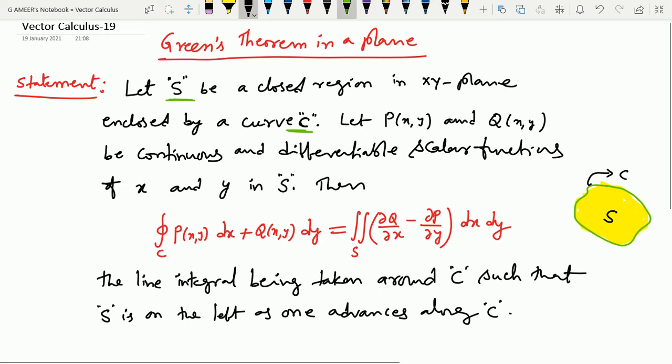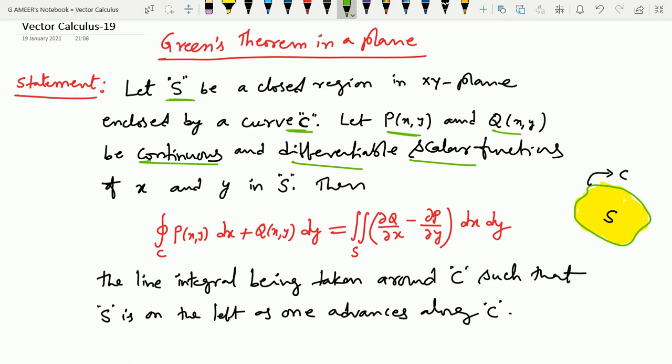As usual, P and Q will be two functions in the XY plane, continuous, and they are differentiable scalar functions obviously. Then along the curve, we are taking P(x,y) dx plus Q(x,y) dy.